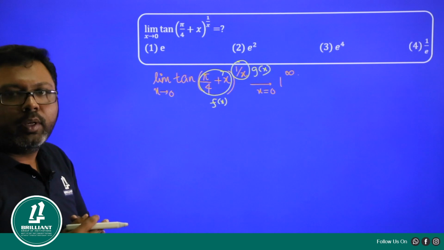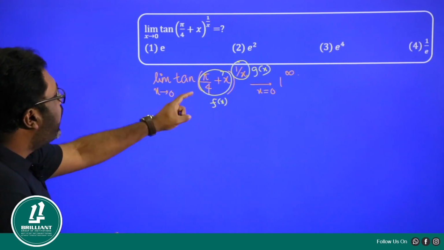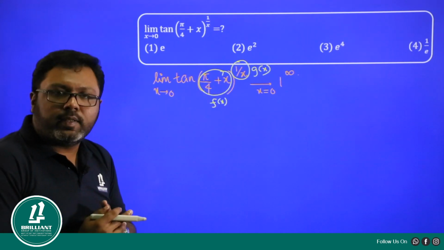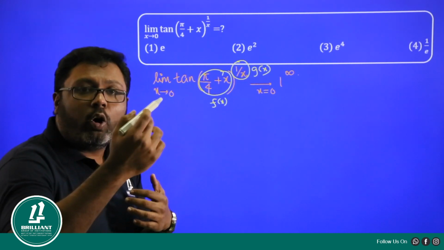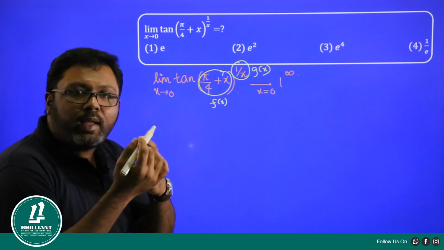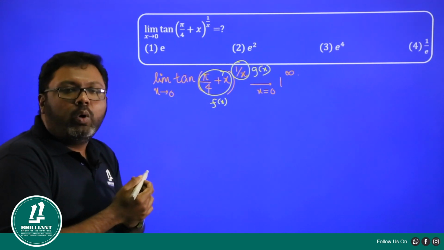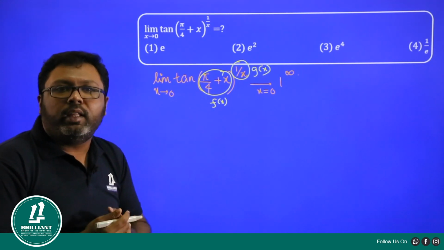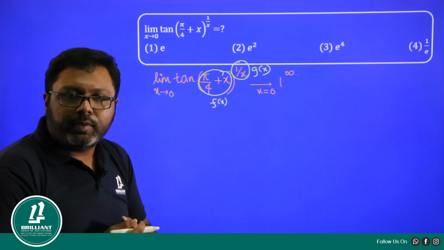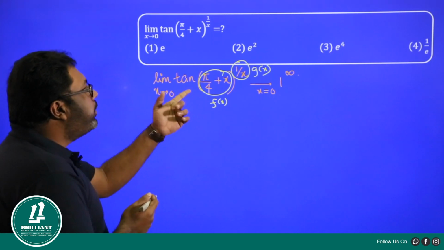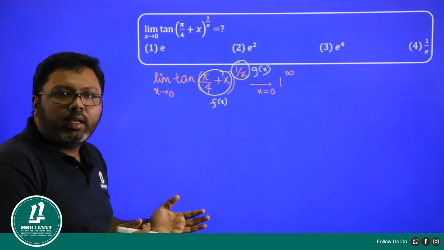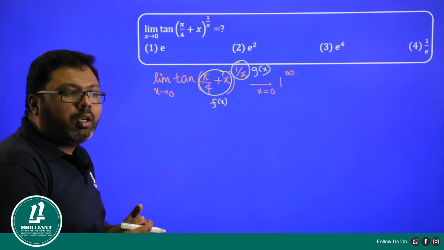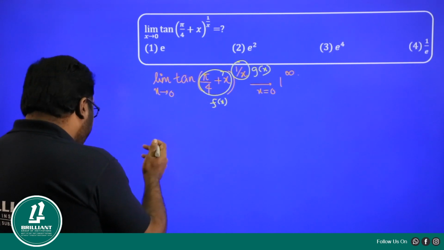Because the power 1 by x is in the form of an infinite, I have to somehow bring it down. The only way is by applying the properties of log, so the power will come down. It's a bit lengthier, so let's not do it that way.